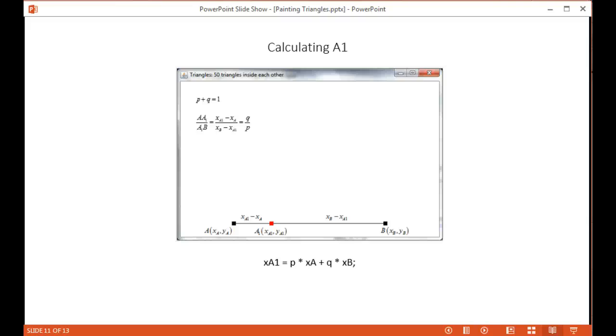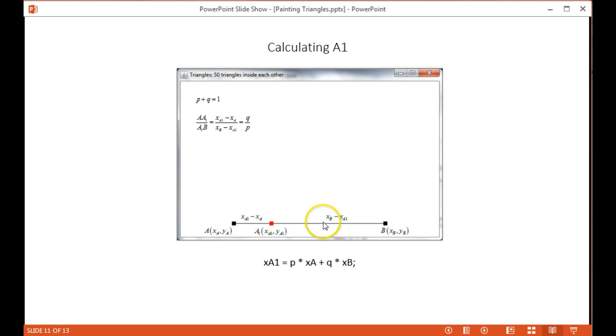So in the last video I kind of set up the problem of how we calculate x sub a1 as this point, so that divides this line segment in the proportion p to q, basically, right?